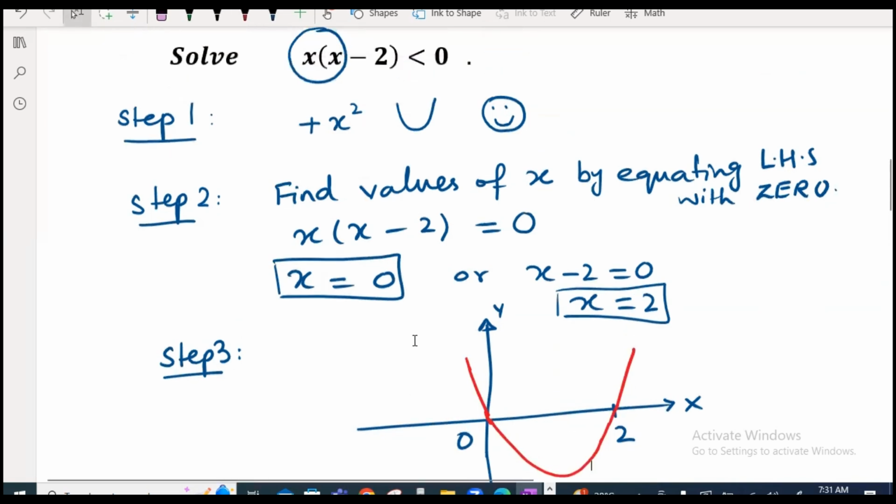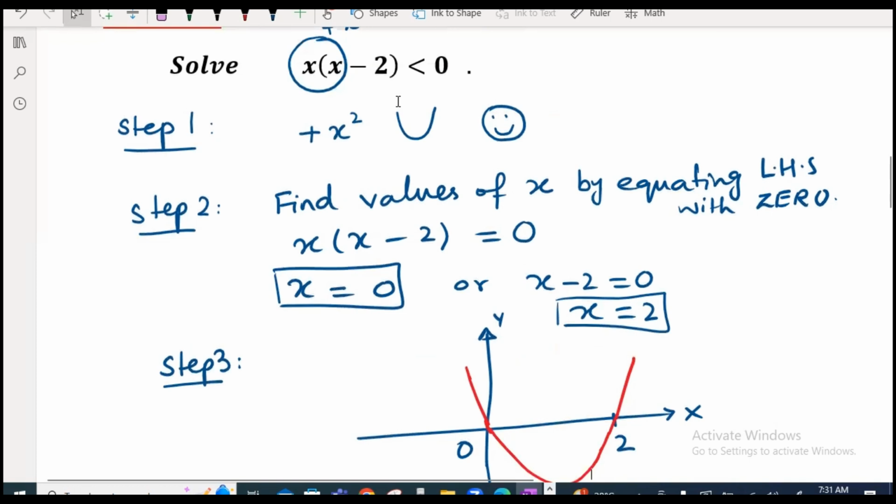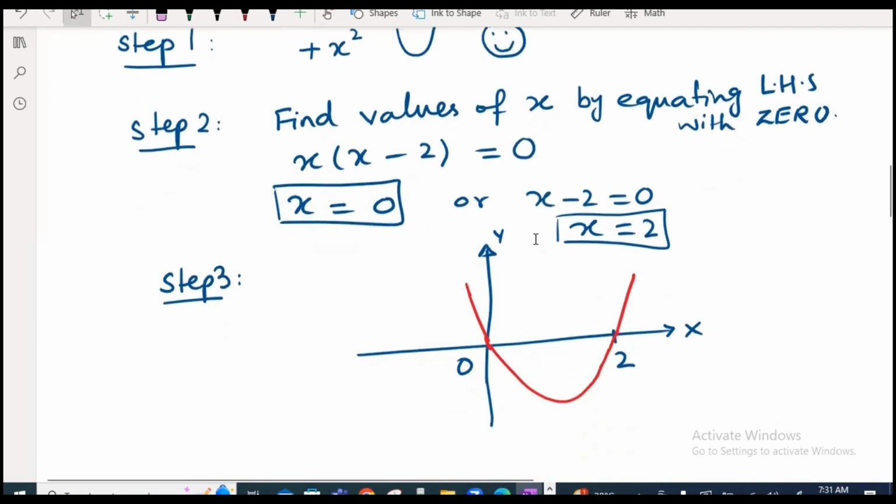Then the inequality has a lesser than sign here. So if this is a lesser than sign, you have to shade the region below the x-axis. And there are three regions below the x-axis, this region, the center region, this. So the center region you have to shade, within the curve.